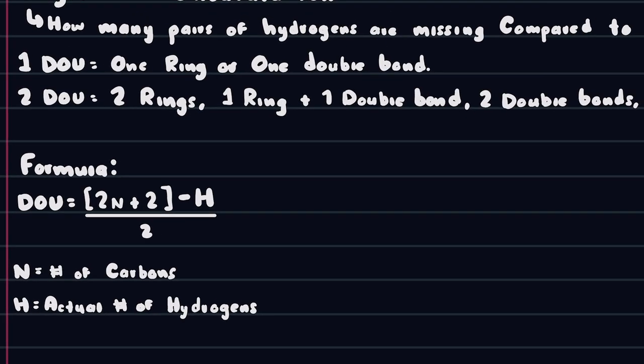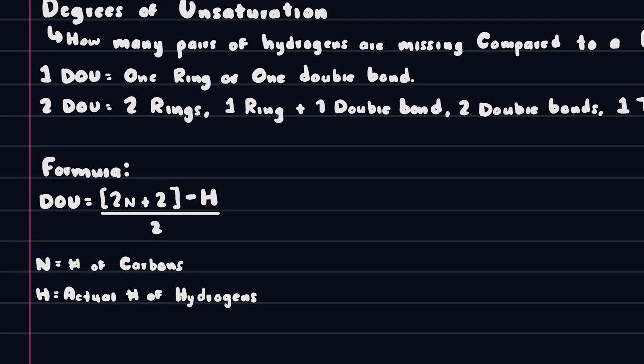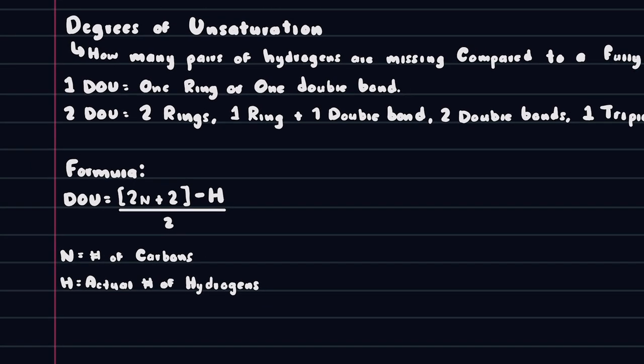Then if we get into 2 degrees of unsaturation, that means there's 4 missing hydrogens. So this is where you could open up the world to many possibilities that could happen. This will be interesting when you have to draw all the different isomers, which you don't know yet, but you'll get to it.